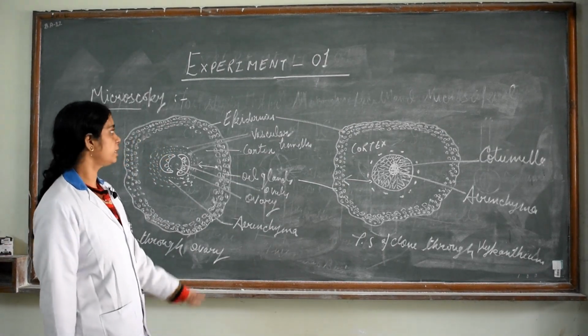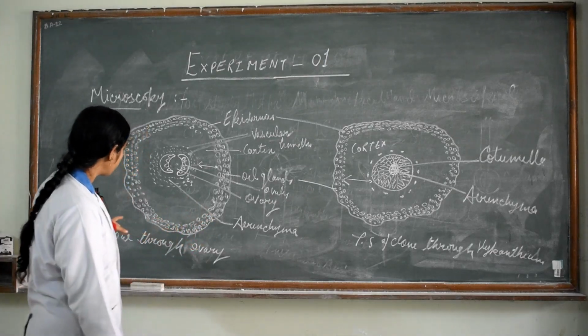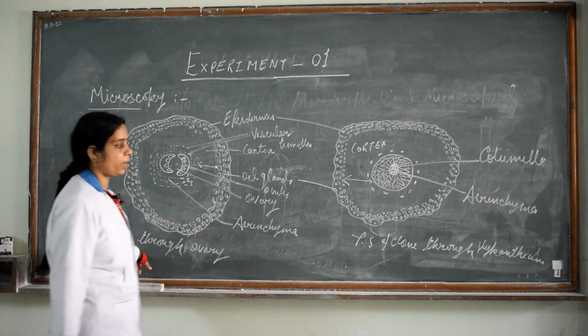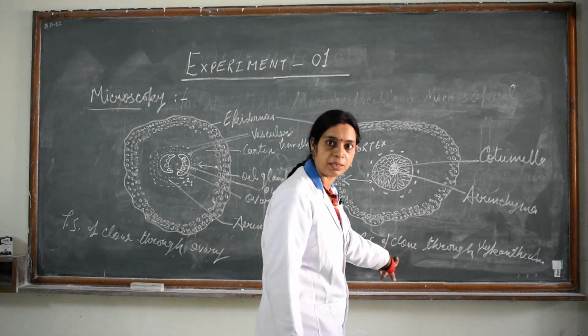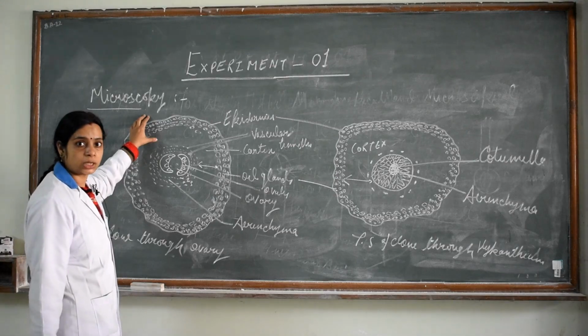So when we study the microscopy of the clove, you are going to observe 2 sections. One will be the section through the ovary, and another will be the section through the hypanthium.